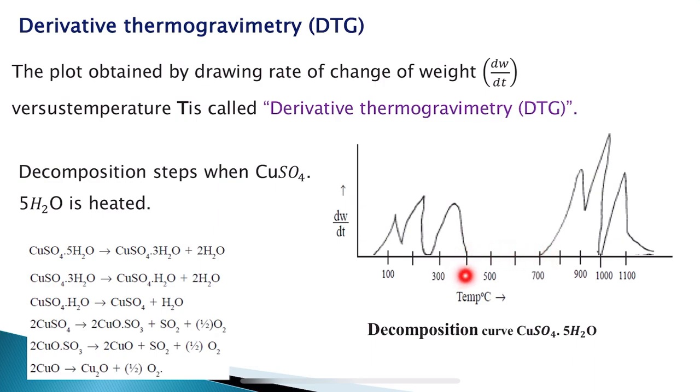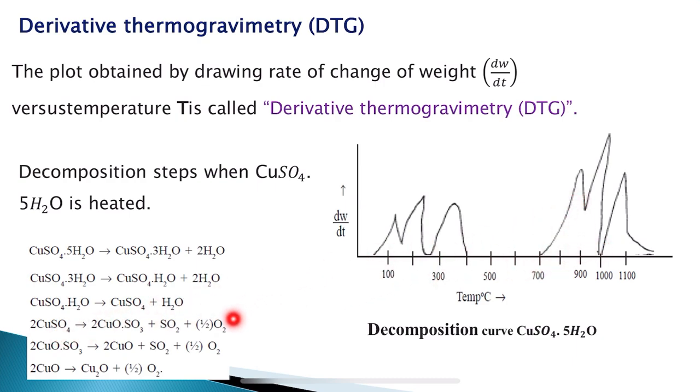From 400 to 700 degrees, no reaction takes place. That means the copper sulphate is stable between 400 and 700 degrees centigrade. Once it reaches 700 degrees centigrade, the copper sulphate starts decomposing. It is converted into cuprous oxide along with sulphate, and molecules of oxygen are eliminated.